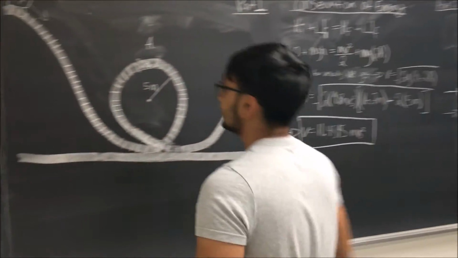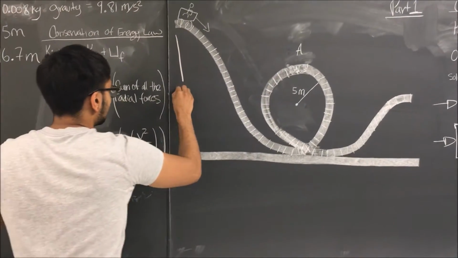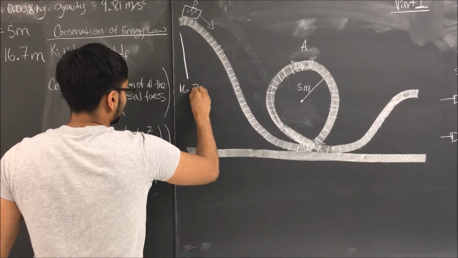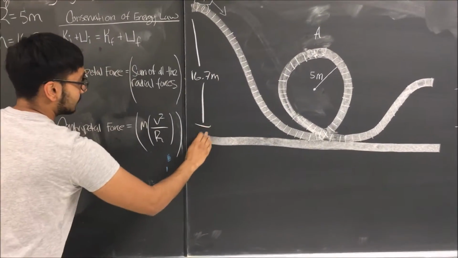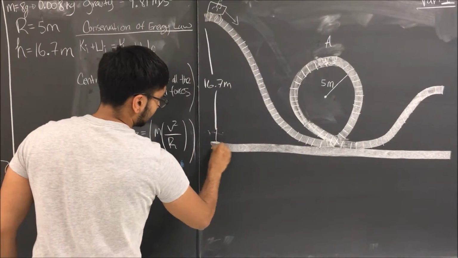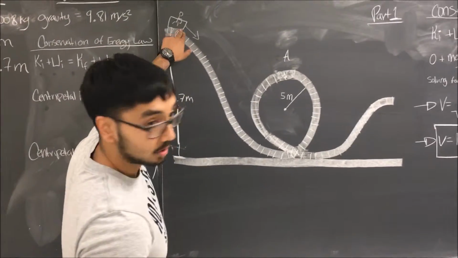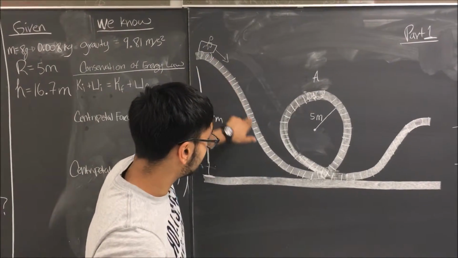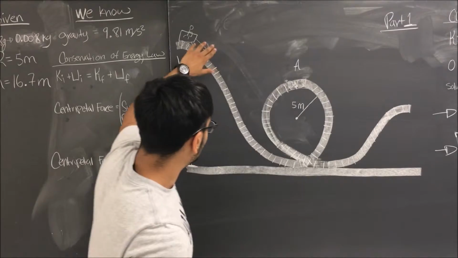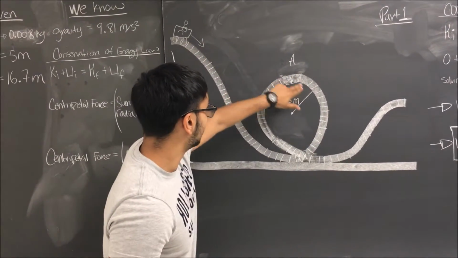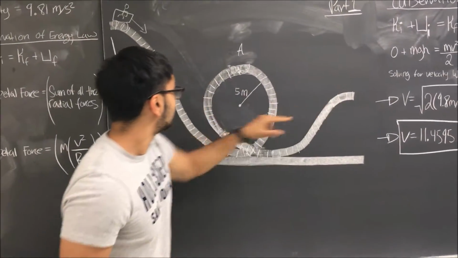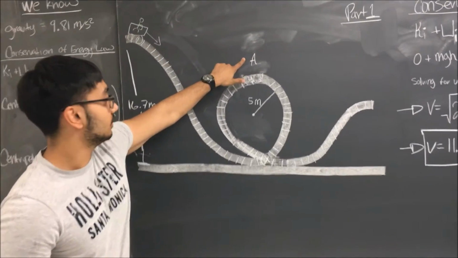We can see that. So the cart starts from here, it goes down through the loop, and then over here. So we want to find the velocity at point A.